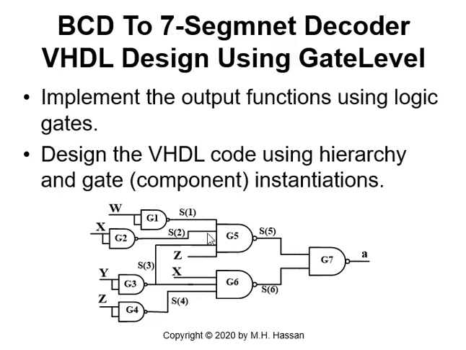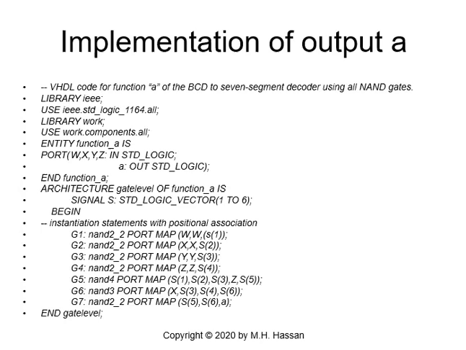G5, the inputs are S1, S2, S3, and Z, and the output is S5. G6 is X, S3, S4, and the output is S6. And G7, I have the inputs S5, S6, and A. And this is what we see in the program. This is what we call positional association.